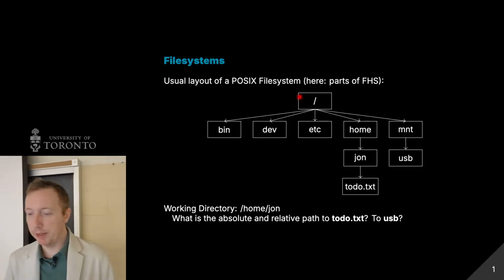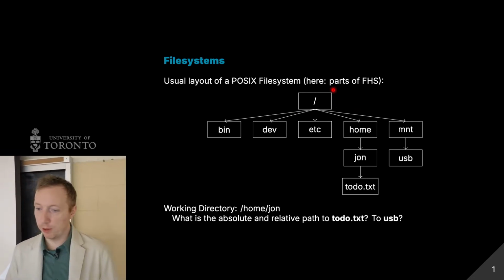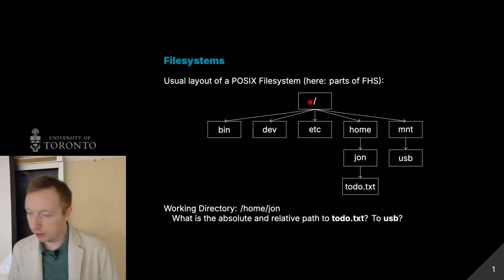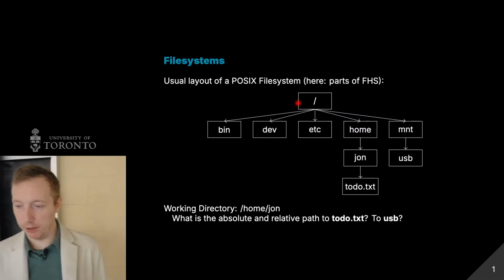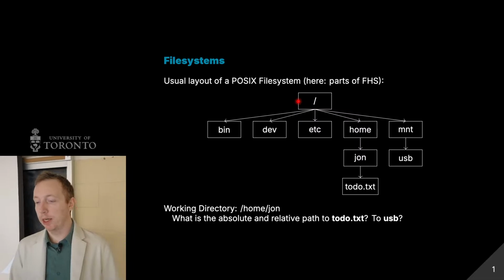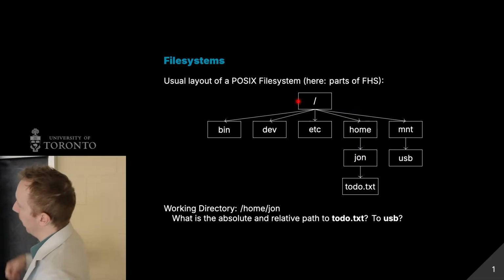Very creative names. Every Unix file system, so Linux or Mac OS, at the very top has a special directory called the root directory, and every directory is delimited by a slash. So just a slash at the top means the root directory, and it forms a directed acyclic graph.